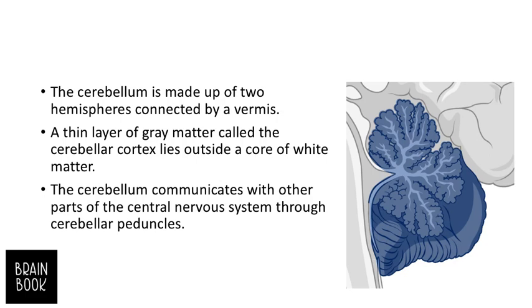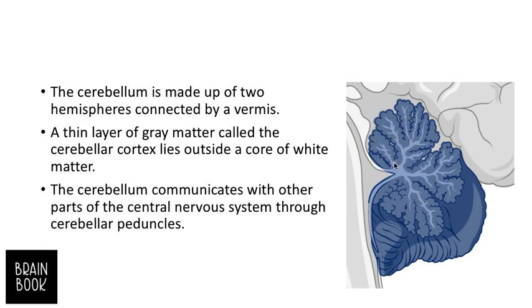The cerebellum is made up of two hemispheres, as we said, that are connected by the vermis. And a thin layer of gray matter, which is called the cerebellar cortex, lies outside the core of the white matter.